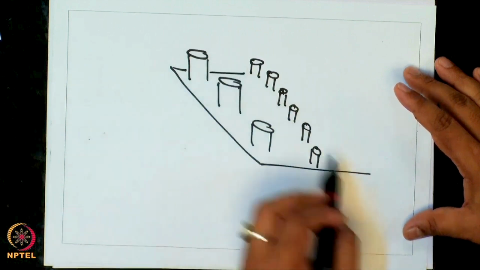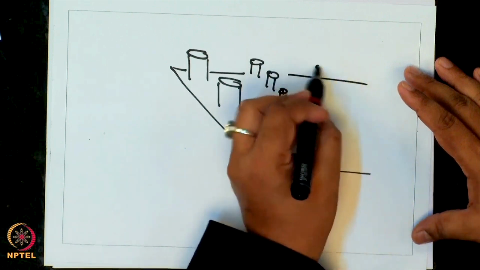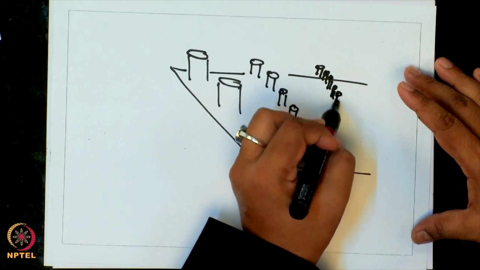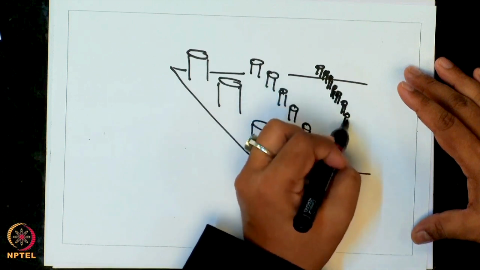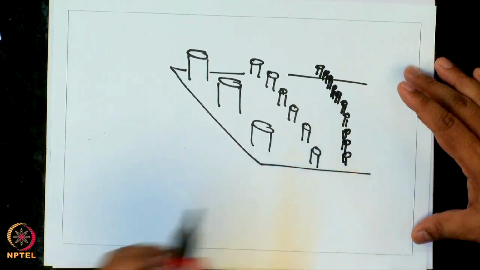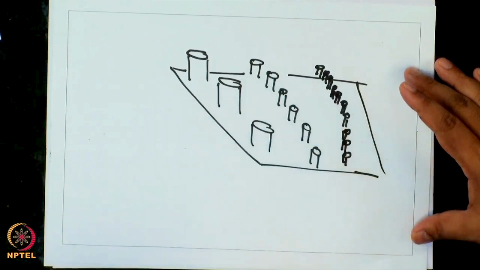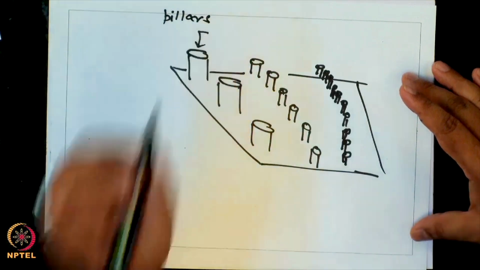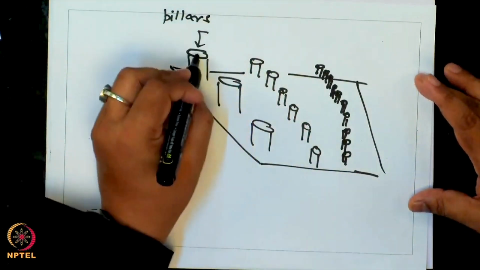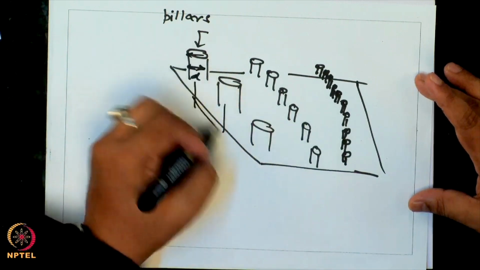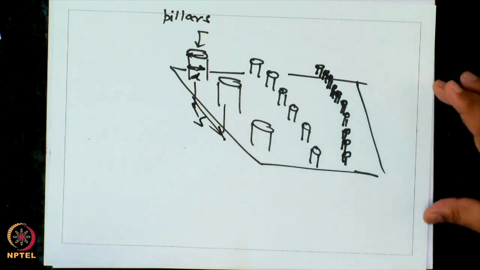So, these are pillars, and what you are changing is the size, the diameter of these pillars d, and the spacing between these pillars s.